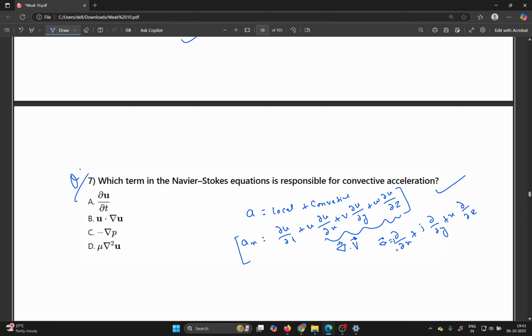So these three terms. And what is your V? V is u i plus v j plus w k.